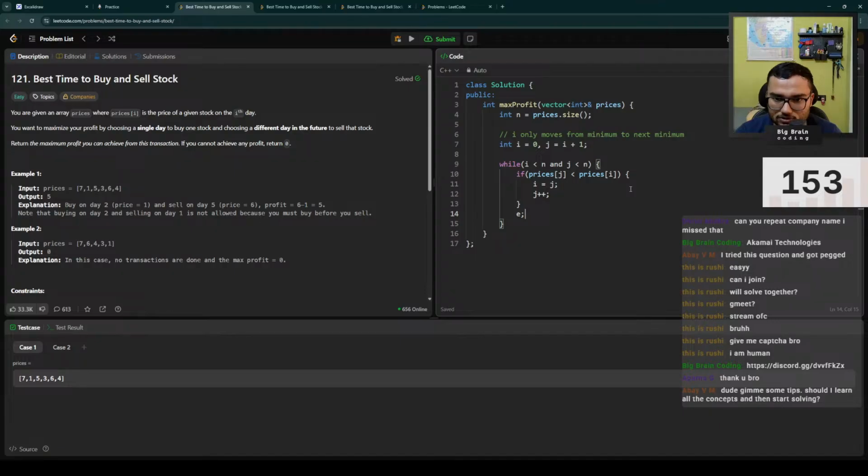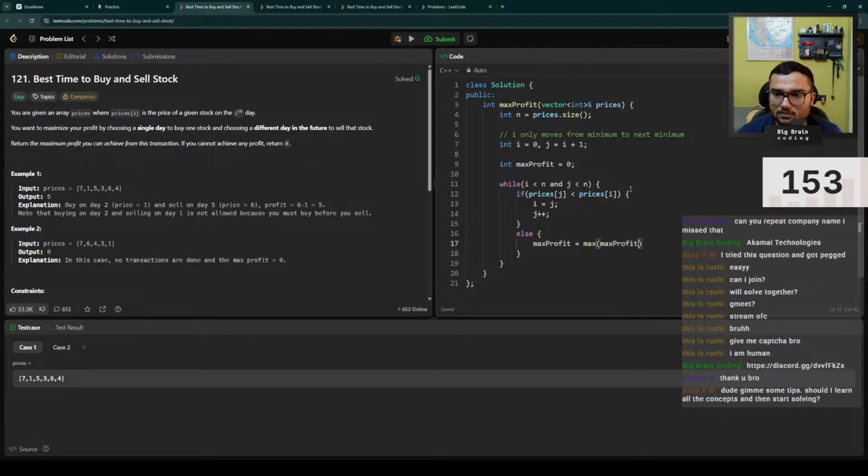Else prices of j is greater than prices of I, so int max profit equals 0. Max profit equals max of max profit and prices of j minus prices of I.